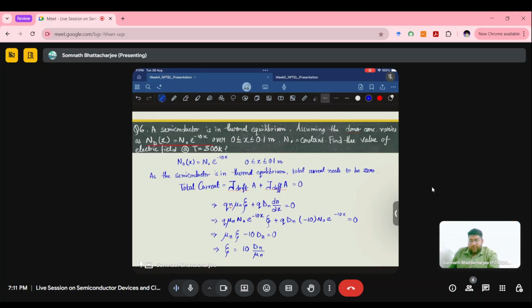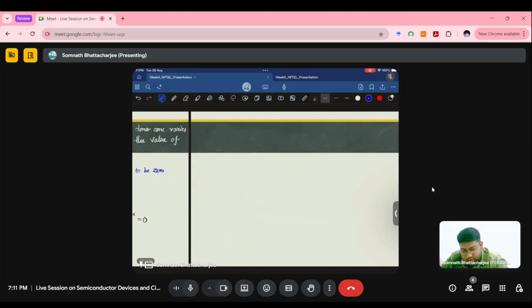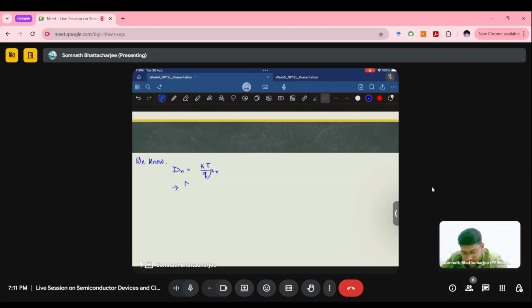So this was the basic case. As we know, D_n by mu_n takes the value kT by q, which is 26 millivolts.